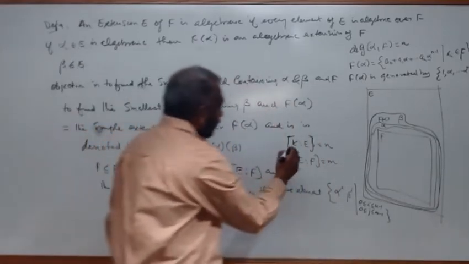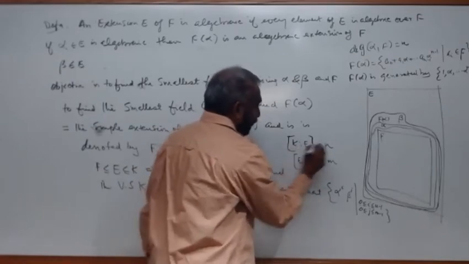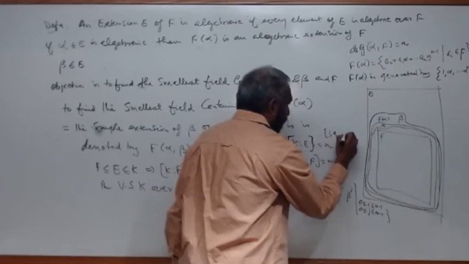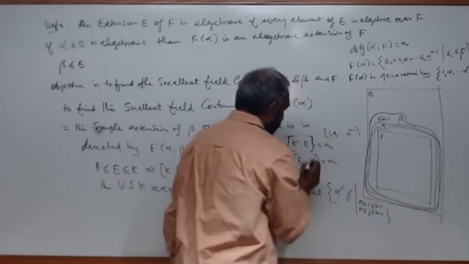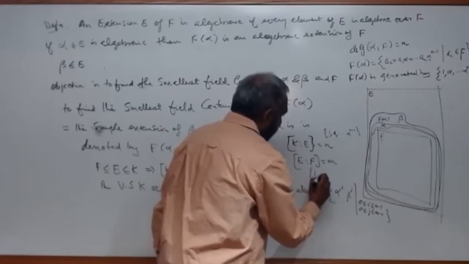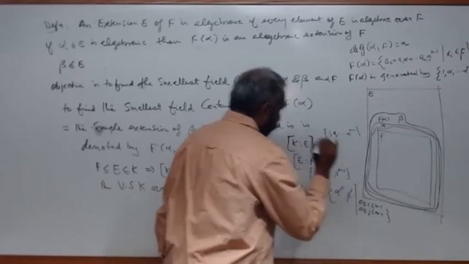And this extension is generated by the elements 1, alpha, ..., alpha^(n−1). This is generated by 1, beta, ..., beta^(m−1).